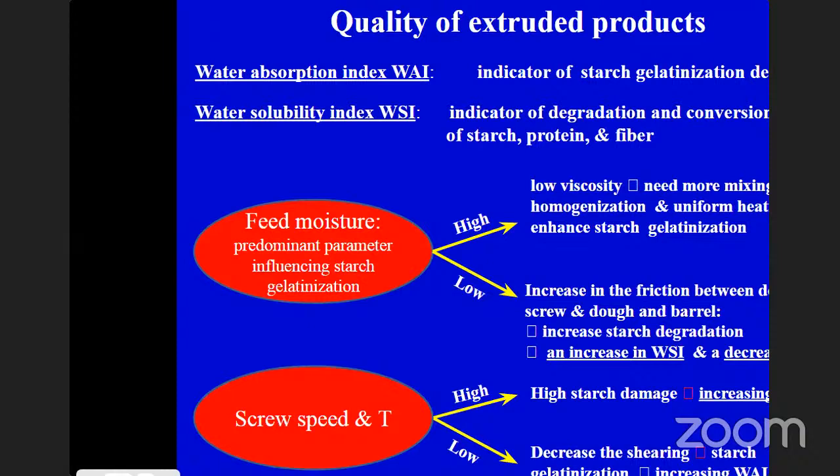While in the case of low moisture content, the friction between dough and screw and dough and barrel increases with the decrease in moisture content, causing starch degradation or starch damage. As a result, water solubility index increases and water absorption decreases. But a contradicting trend is observed with increasing and decreasing the screw speed and temperature.